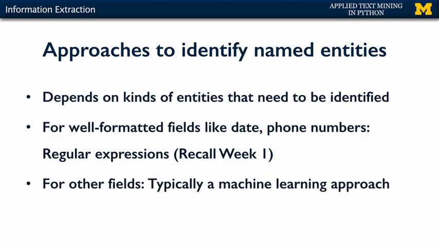For other fields, it's fairly common to use a machine learning approach. In fact, even for dates and phone numbers, you might want to use a machine learning approach where you use these regular expressions as features, but you have other features that help define this particular extraction to be valid. So for example, phone numbers and fax numbers are very similar.